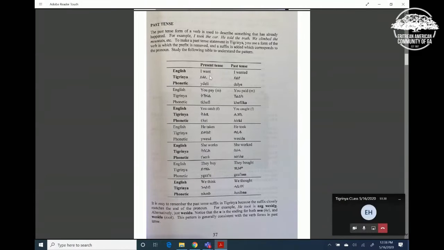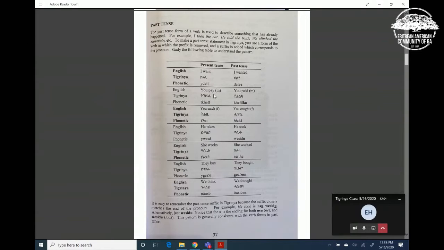If we want to say I want, we say idelli. So imagine this is kind of an I or an apostrophe. Now, if you want to say it in the past tense, you would say delie. So you take that prefix, that I, and on the end, you put a. So delie.